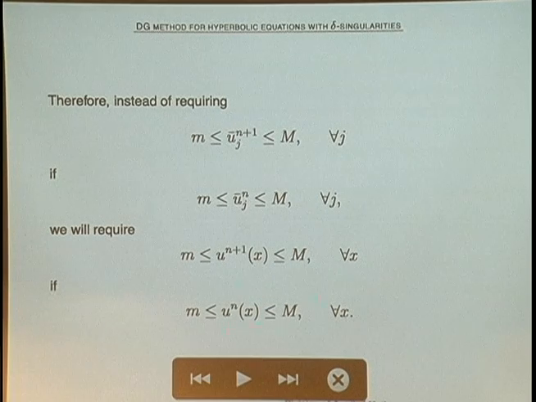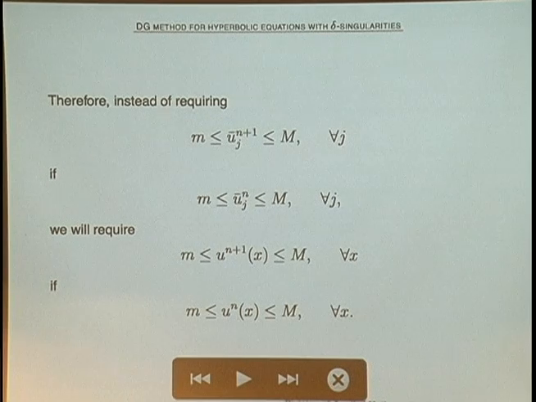Remember, this u^n(x) is my numerical solution. Finite element is a little bit different from finite difference. Your numerical solution itself is a function. It's not just a bunch of grid values. It's a piecewise polynomial. So it makes sense to say this piecewise polynomial as a function is between the lower bound and the upper bound for all x.